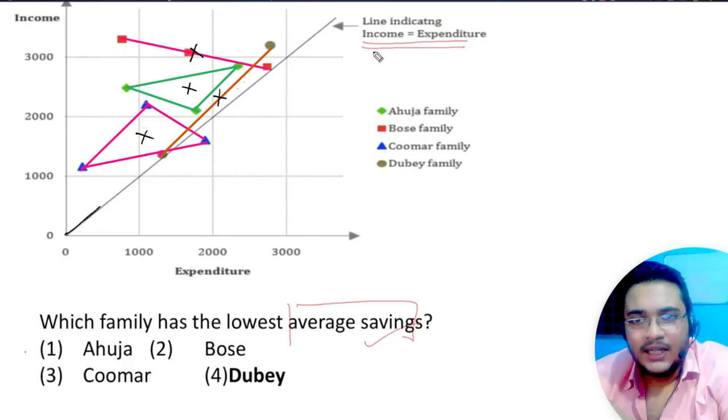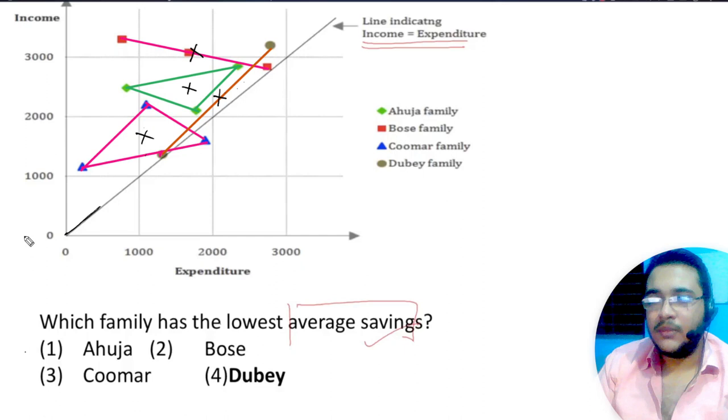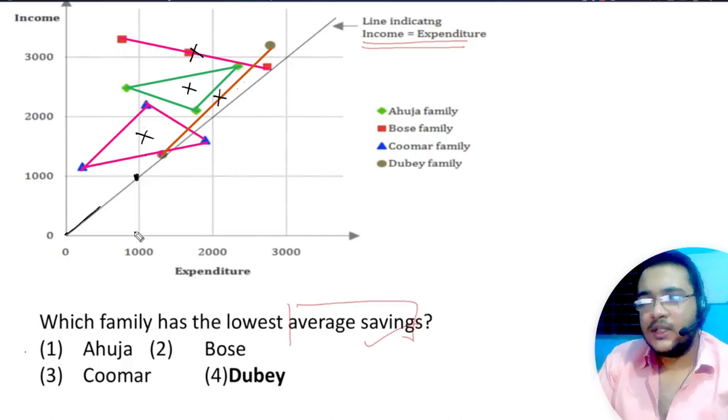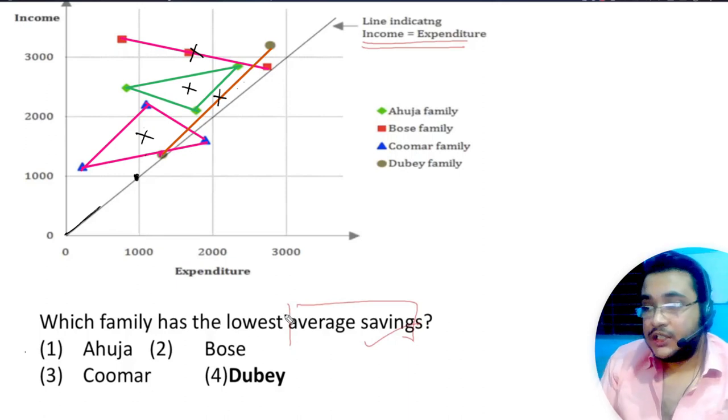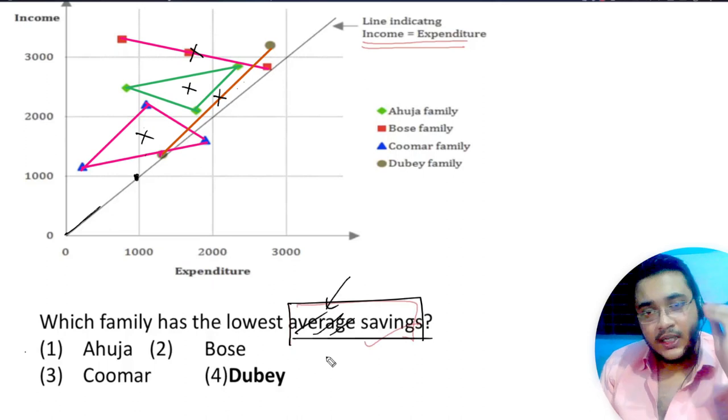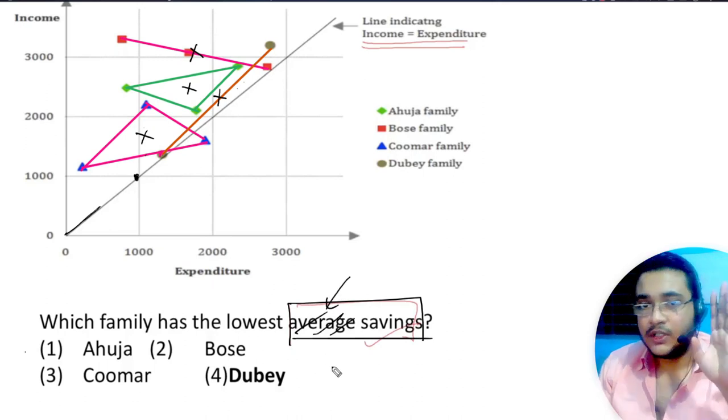What that exactly means is, suppose a person's income is 1000, his expenditure is also 1000. So saving is equal to 0. So when the question is asking me the lowest saving of which family, I just told you that you can straight away ignore the word average, because we have taken care of it.